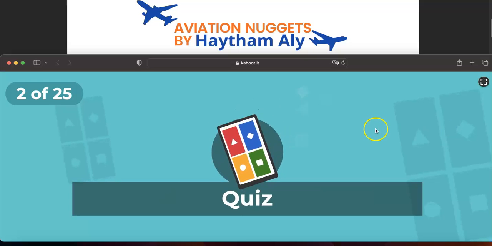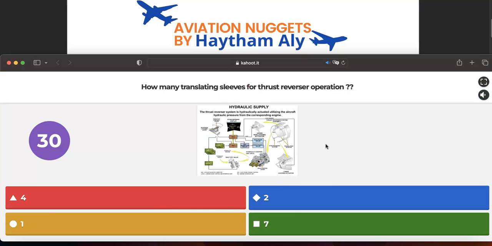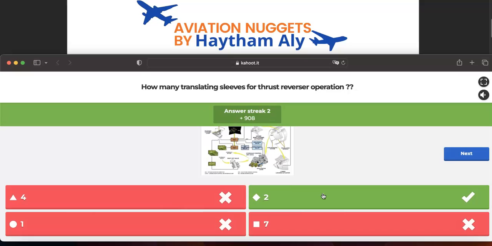Question number 2. How many translating sleeves for thrust reverser operation? Is it 4, 2, 1 or 7? There are 2 translating sleeves per engine. Each engine C-duct is divided into left hand and right hand.